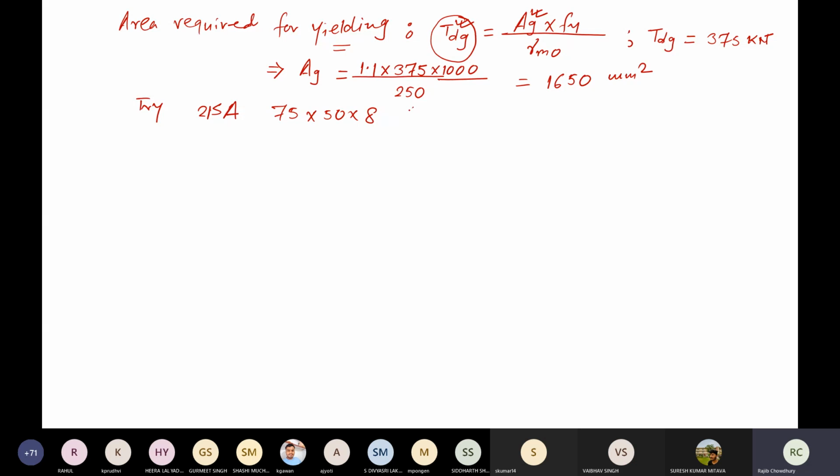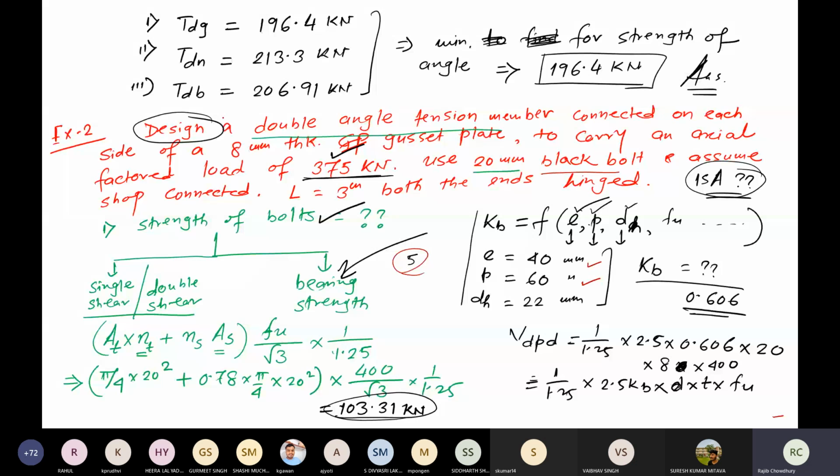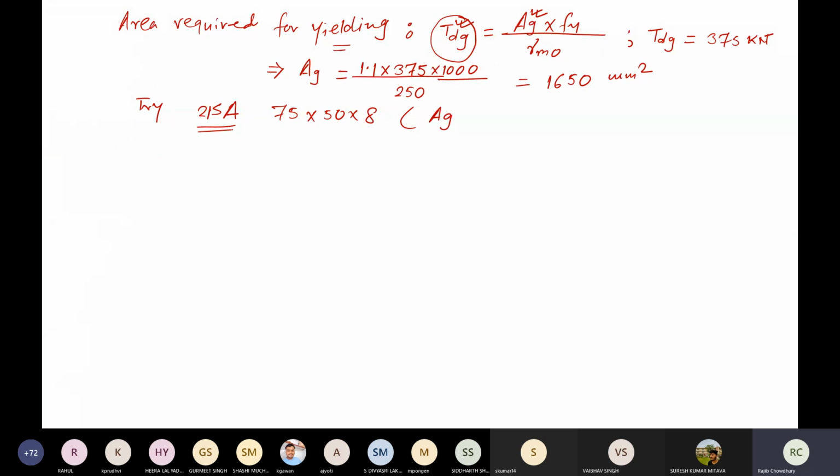And what is the gross area of these two ISA? My problem statement was to find a double angle tension member. If it is a double angle tension member, that is why I am providing two ISA sections. Also, we have already calculated the strength of the bolt based on double shear. So Ag would be 2 times 938.